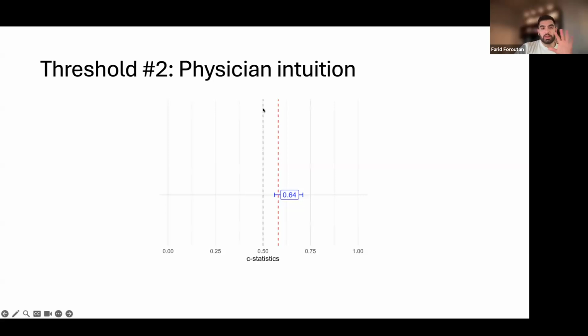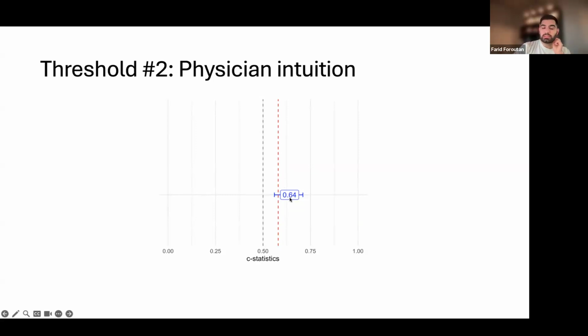So what we have done now is we've gone from this random classification, the 0.5, to a new target of certainty rating, which is the clinician's intuition, or the physician's intuition, when they were forced to classify the patients as low, moderate, or high.